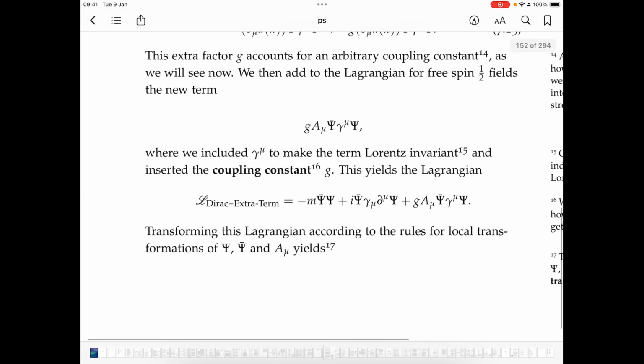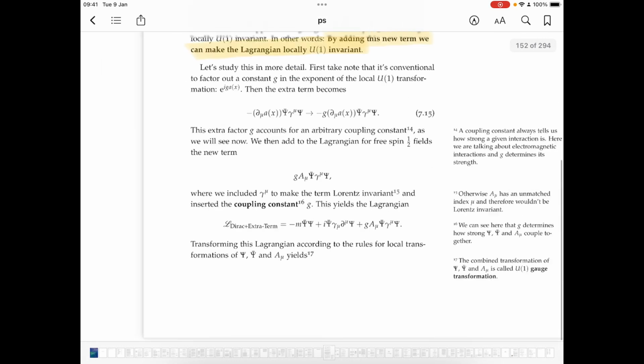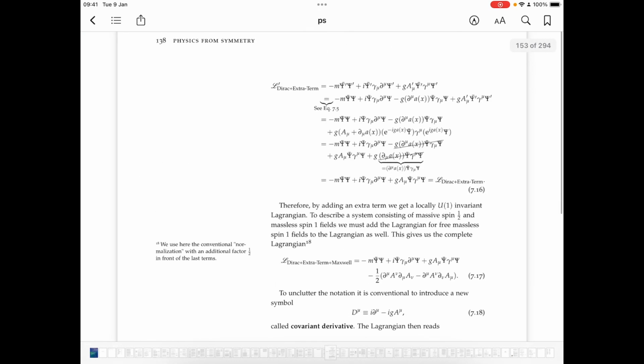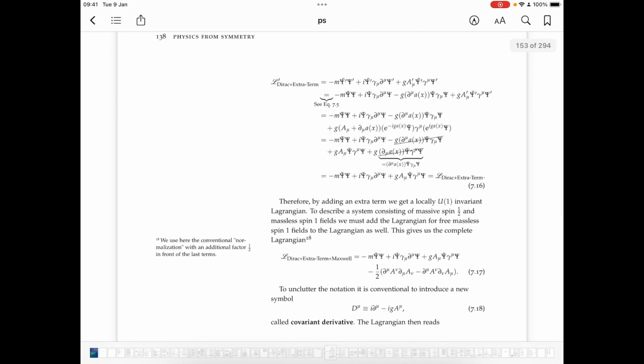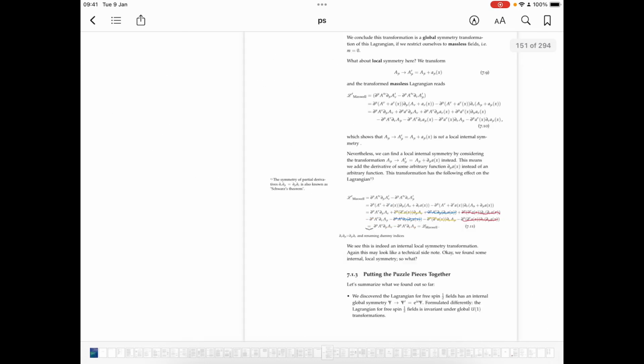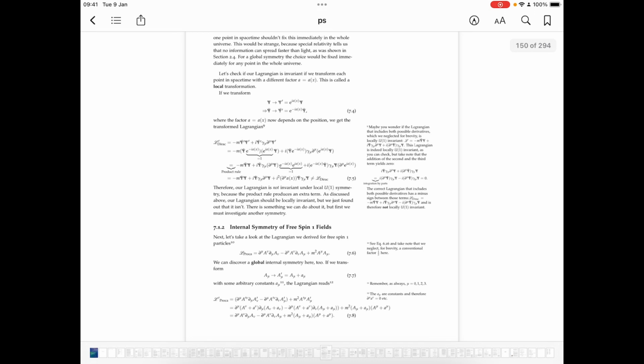And then we just combine the Dirac Lagrangian with that term, and magically it gives us the correct theory, and it's invariant under the local symmetries. So if you substitute... they don't show it here, right? Exponentials. They probably don't show it here, but the basic idea is just to multiply everything by this.